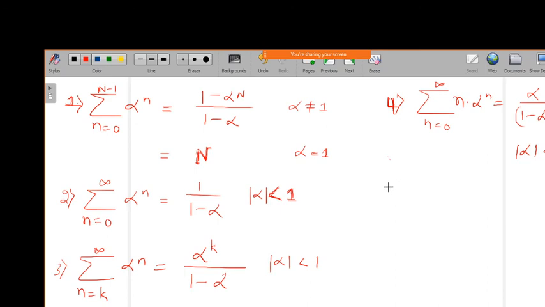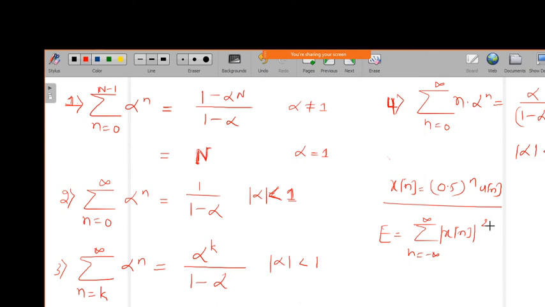One such problem we have already done. If you recall, x of n is given by 0.5 power n into u of n, and we have to find out whether it is an energy or power signal. The energy equation we know is the summation n equal to minus infinity to plus infinity of x of n whole square.